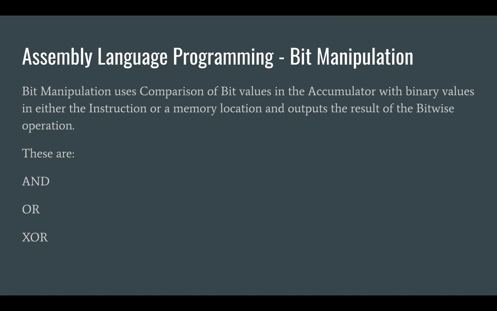Now, shifting to the left has the effect, essentially, of multiplying the value by 2. So if you move a bit from position 1, the least significant bit, the 1 value, 1 position to the left, it becomes 2.